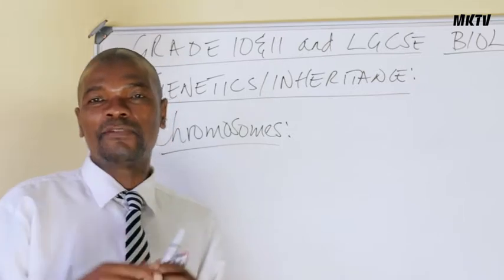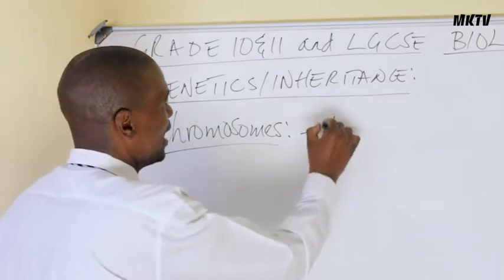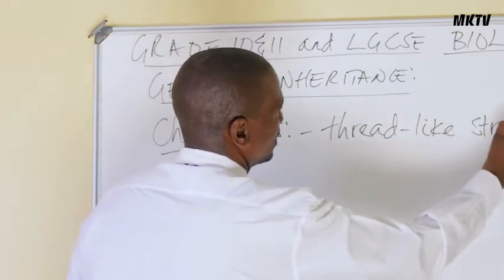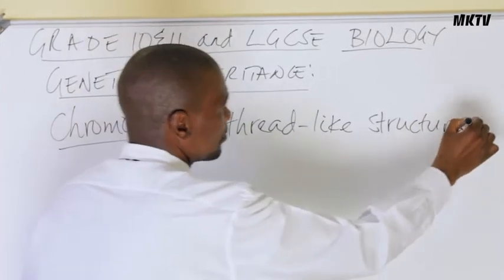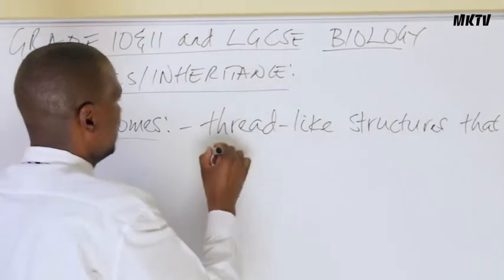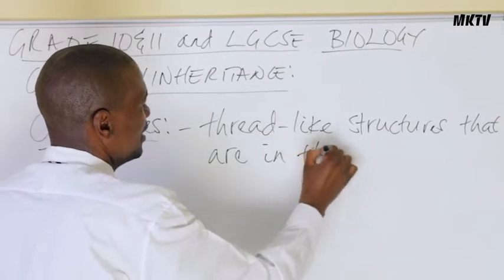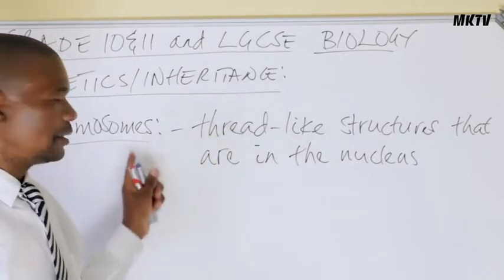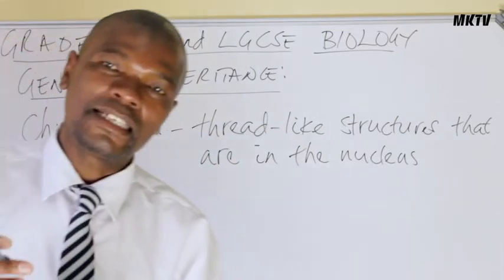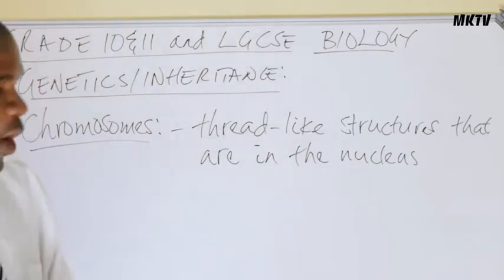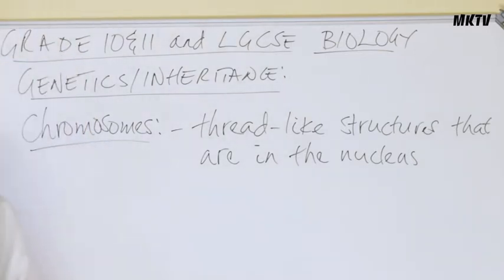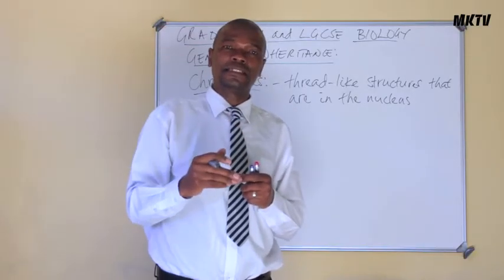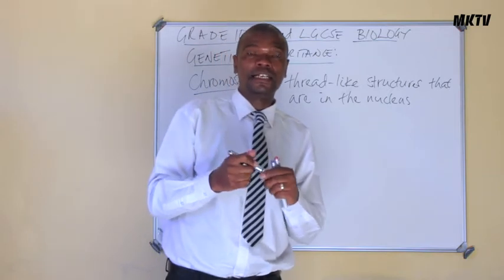In other words, chromosomes are thread-like structures that are in the nucleus of a cell. And these chromosomes are the genetic material. Okay, that's the first point. Second point about chromosomes, what we should know is that they exist in pairs. Chromosomes always exist in pairs.